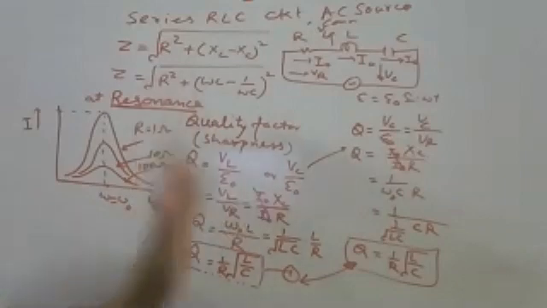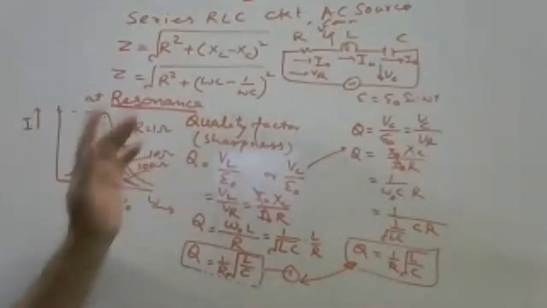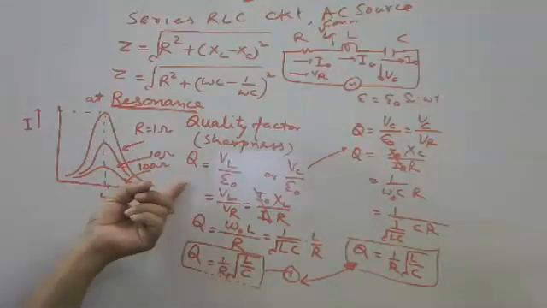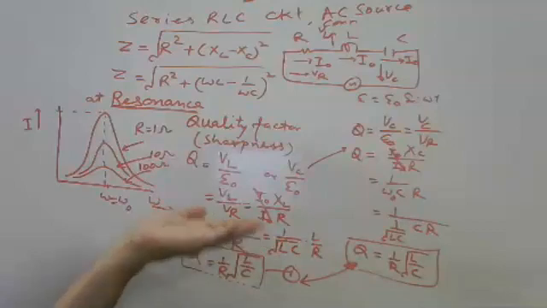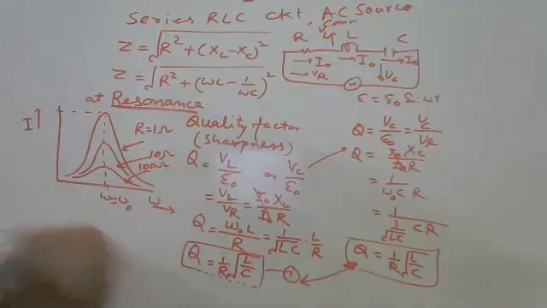There are many channels coming, say 200 channels, but only for one particular frequency is power maximum and current maximum. Other signals are also coming, but we cannot see them because there is less current, less power. So at resonance, the particular channel, the particular frequency, is dominating the others.